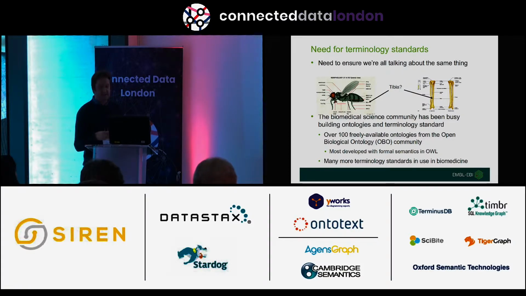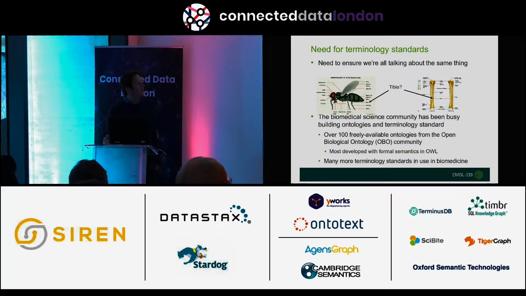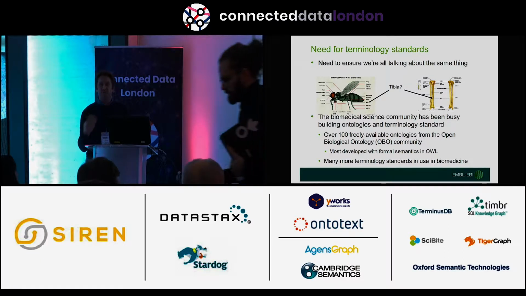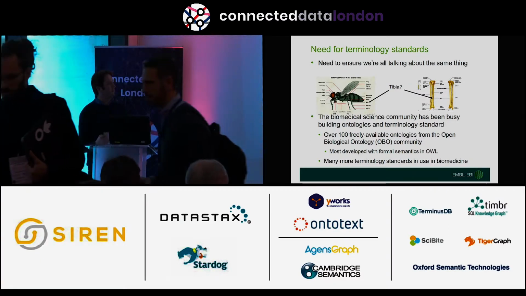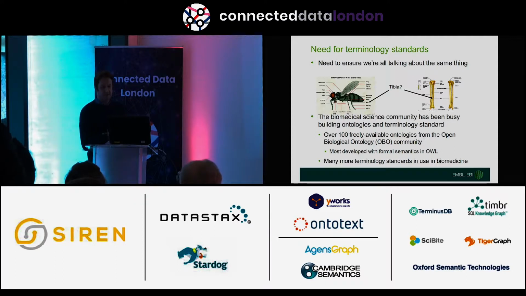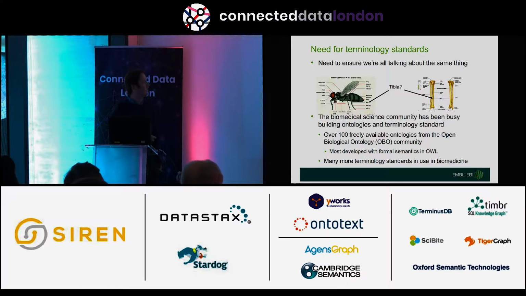And the life science community have recognized this challenge for a long time. We were chatting earlier, thinking that there's a good 20 years' worth of history in bioinformatics of building not just standard vocabularies, but full-blown OWL ontologies to try and deal with the terminology challenge that we have in the life sciences.